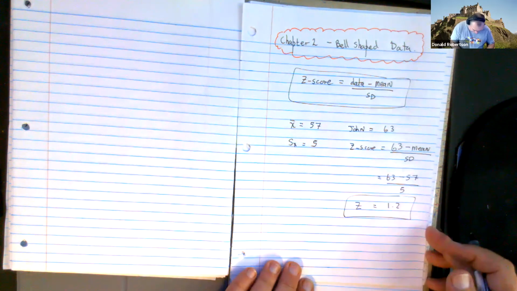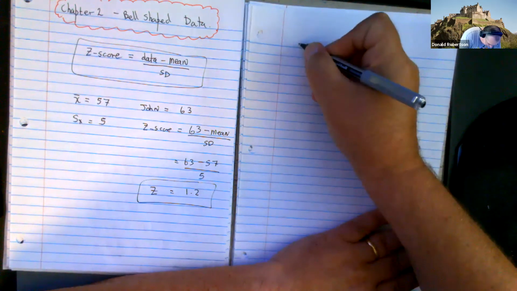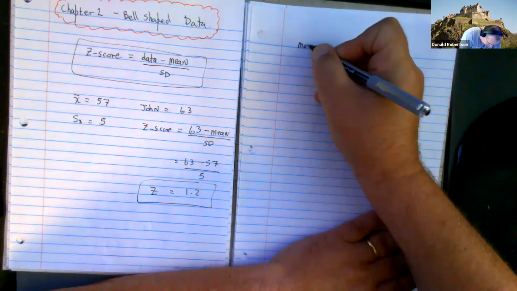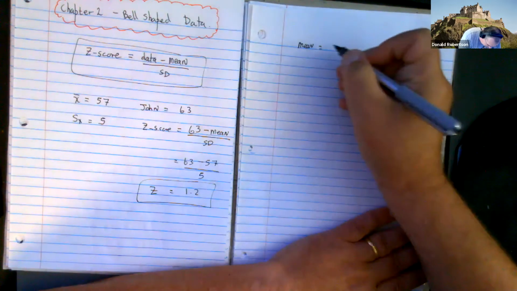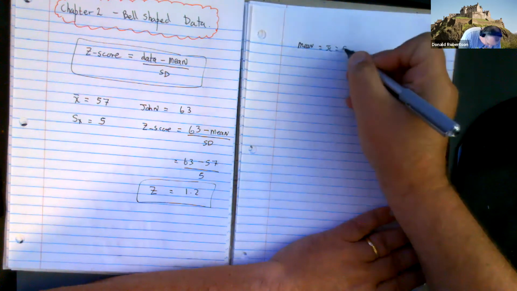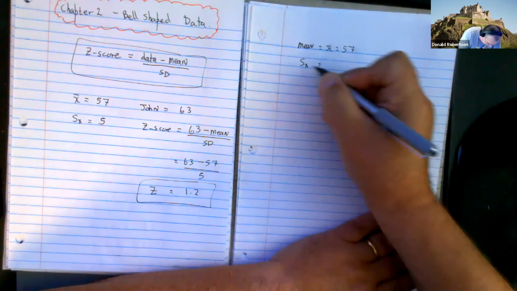Now, we also did this. Suppose you had a mean. Let's keep this data. The mean in this class test was 57, and the standard deviation was 5.